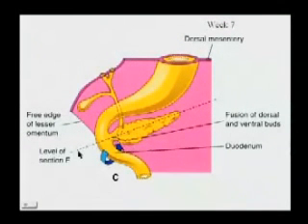And indeed, we see the level of section F to be forthcoming. This has rotated around. They have met and fused, and we have the more adult structure here, with the common bile duct still ascending up through the free edge of the lesser omentum, the hepatoduodenal ligament.